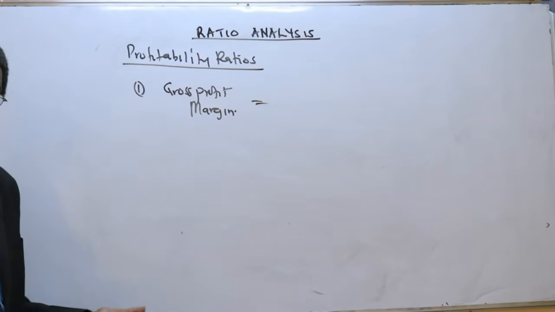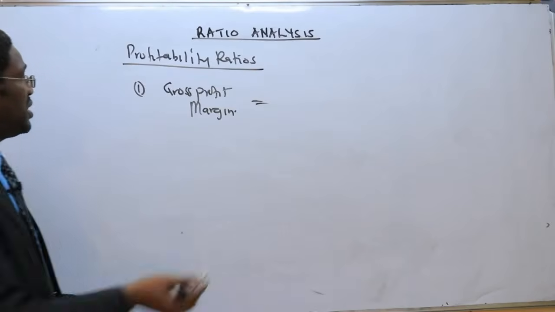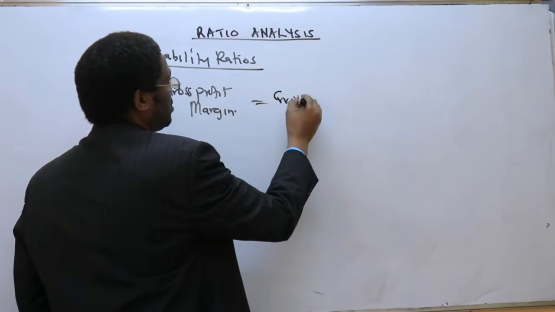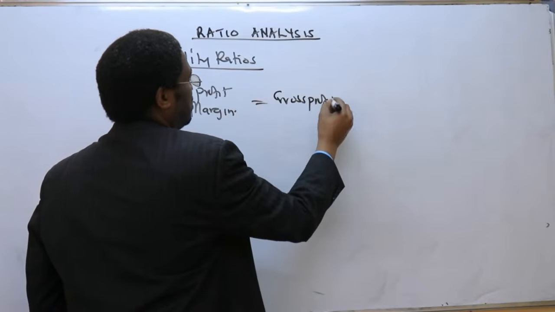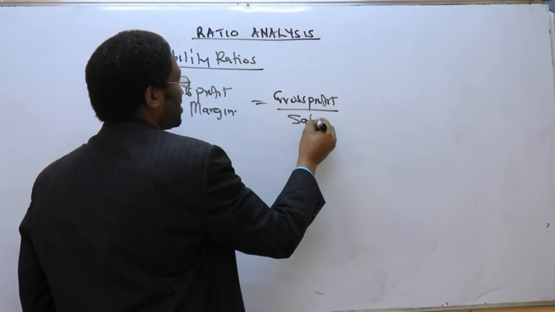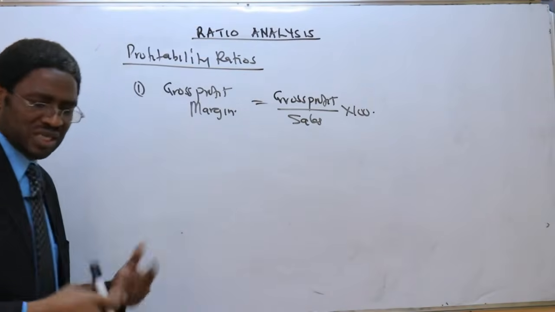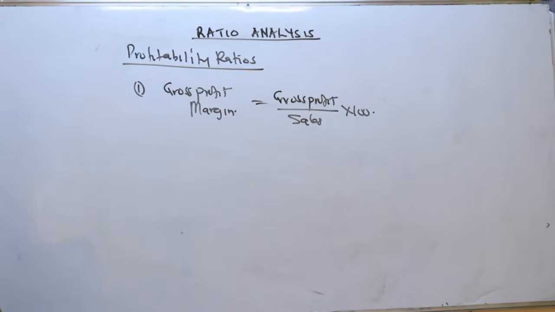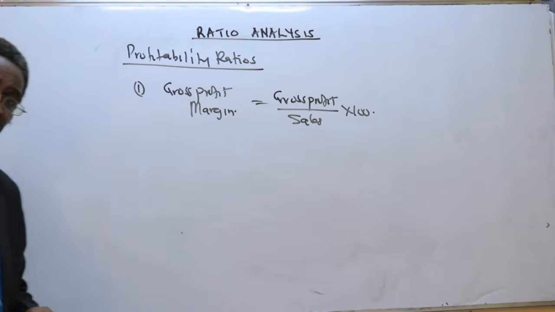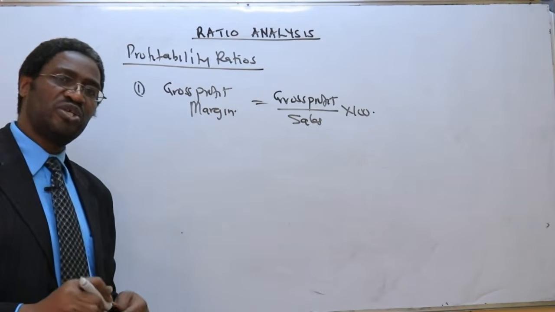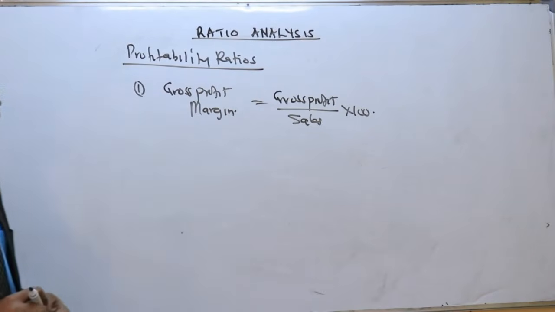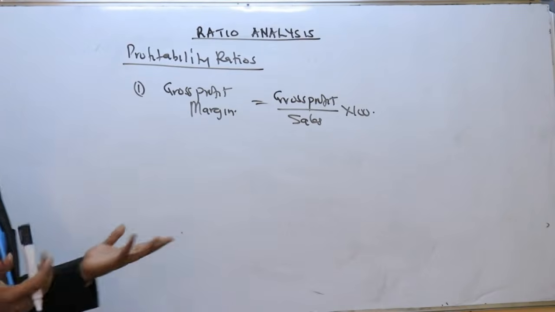This is not a new ratio to you. We normally get it by taking the gross profit, you divide that by sales, you multiply that by 100.